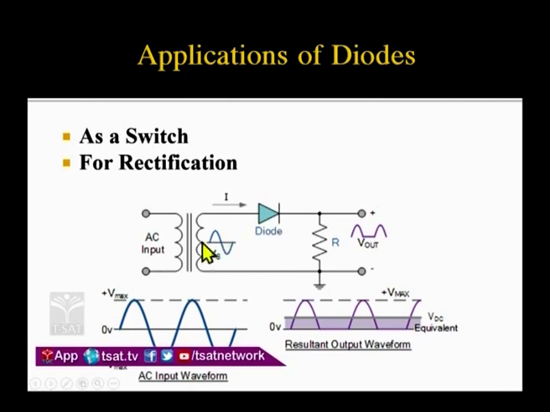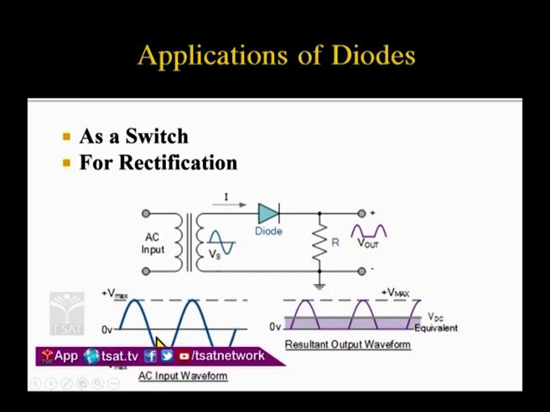When you apply an alternating current to a diode, what happens? When the positive half cycle is applied, the diode will be forward biased, because positive is applied to positive. It acts as a closed switch, and whatever input you apply here will come to the output.